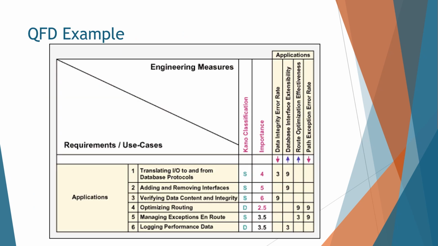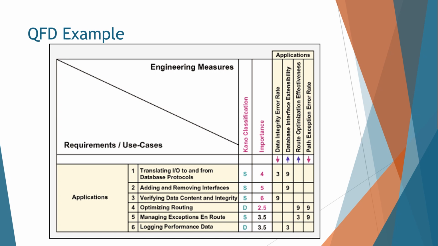Here's a QFD example. Take a moment, look at this yourself, dissect it. You have the engineering measurements and the requirements, the use cases. You have the Kano classification and the importance. You have the applications listed vertically.